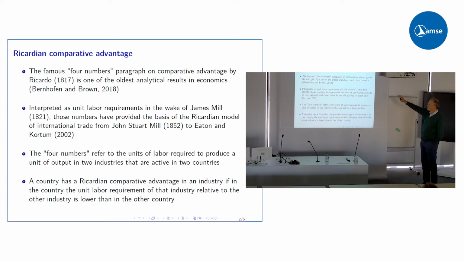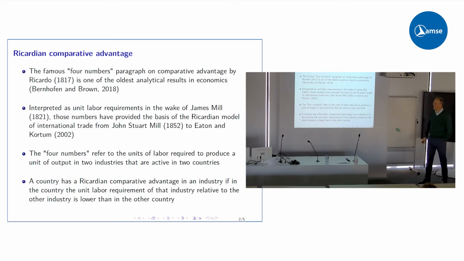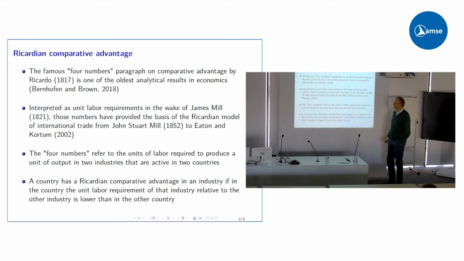So what are these basic parameters? Here is a quote from Bernhofen and Brown. The famous four numbers paragraph for comparative advantage by Ricardo is one of the oldest analytical results in economics. It is essentially about the labor content of production.